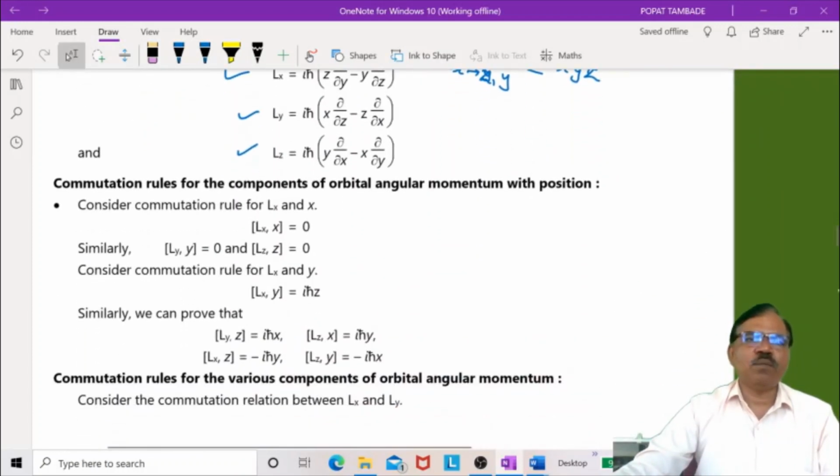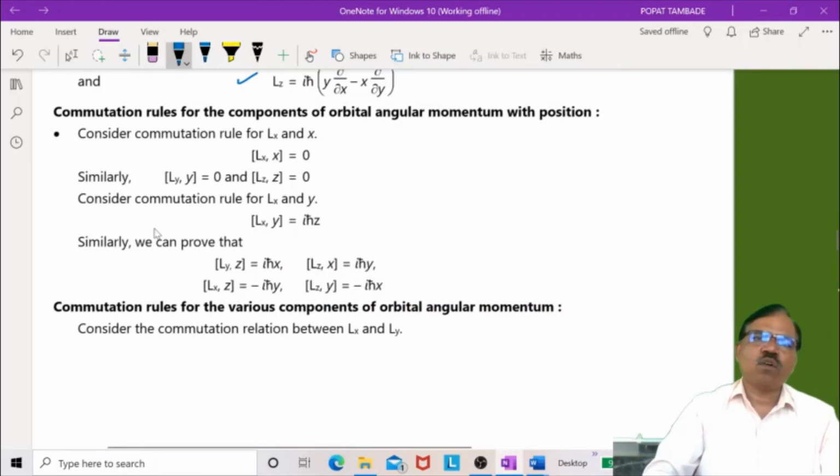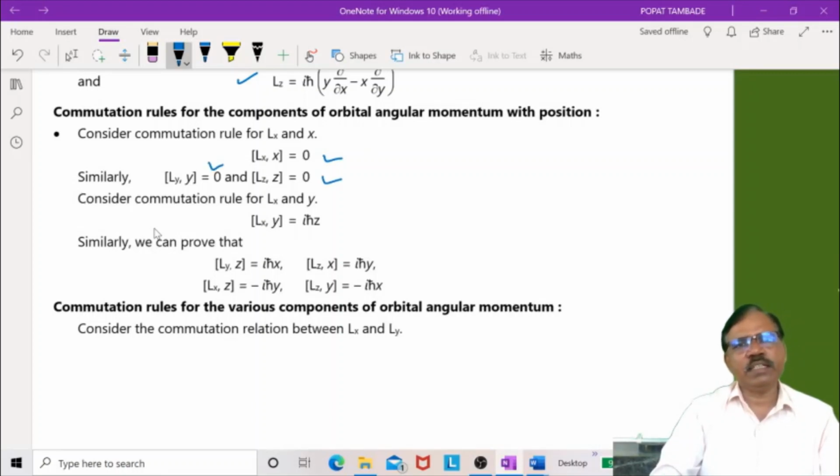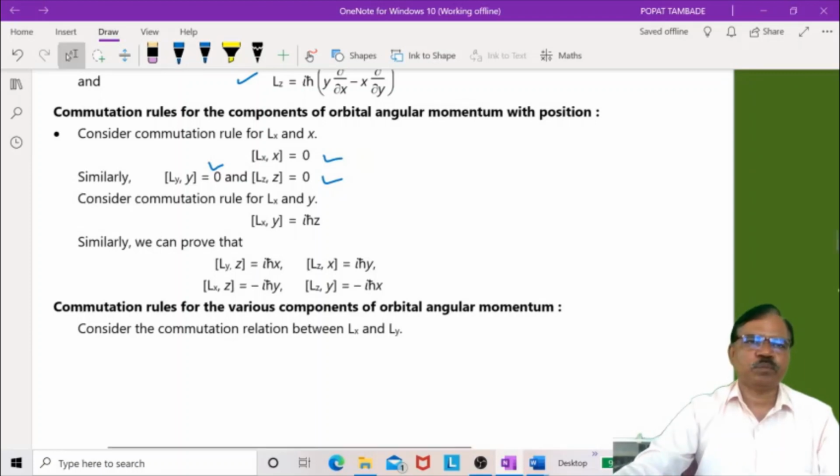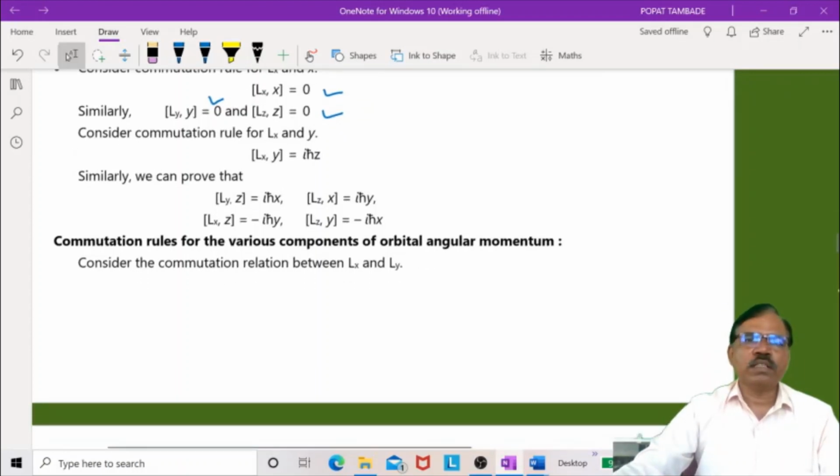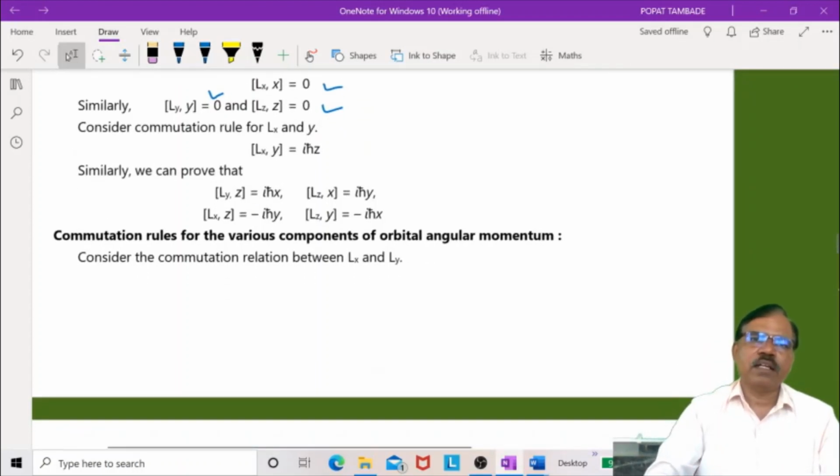Now if we see commutator brackets, the commutator bracket of Lx with x is equal to 0, Ly with y is equal to 0, and Lz with z is also equal to 0. Now consider another commutator bracket. If we take the commutator bracket of Lx with y, it comes out to be iħ z.